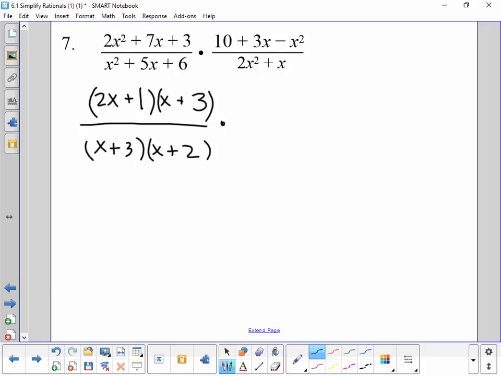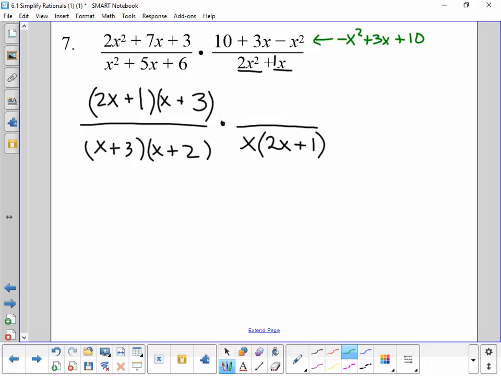And now our numerator here looks a little tricky. I'm going to go to the denominator. It looks like it has a common factor of x. When I factor x out of this term, it leaves a 2x. If I factor an x out of this term, it's going to be a plus 1. We've got to have a placeholder for that when we multiply it out. Okay, looking at this top here, another way to write it would be -x squared plus 3x plus 10, putting it into standard form.